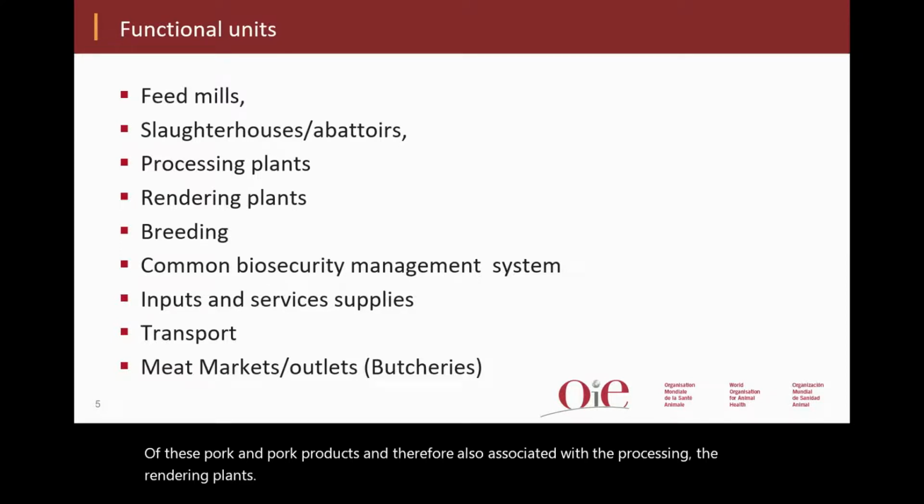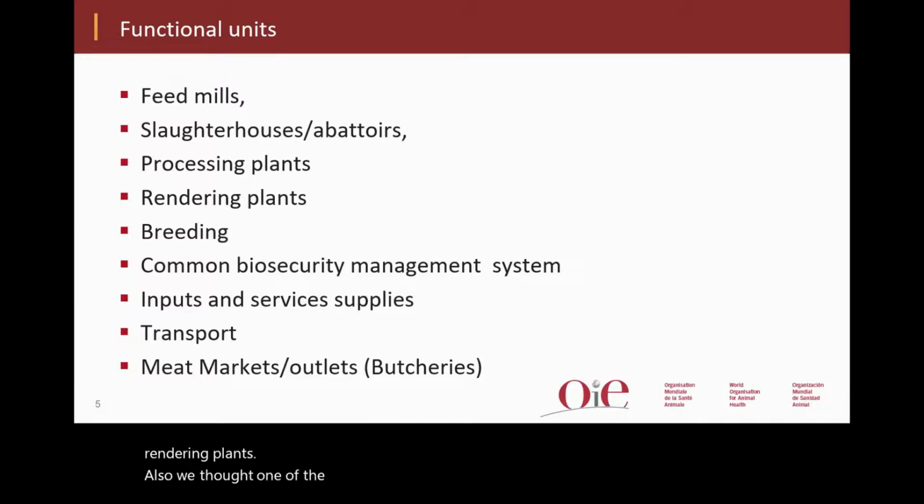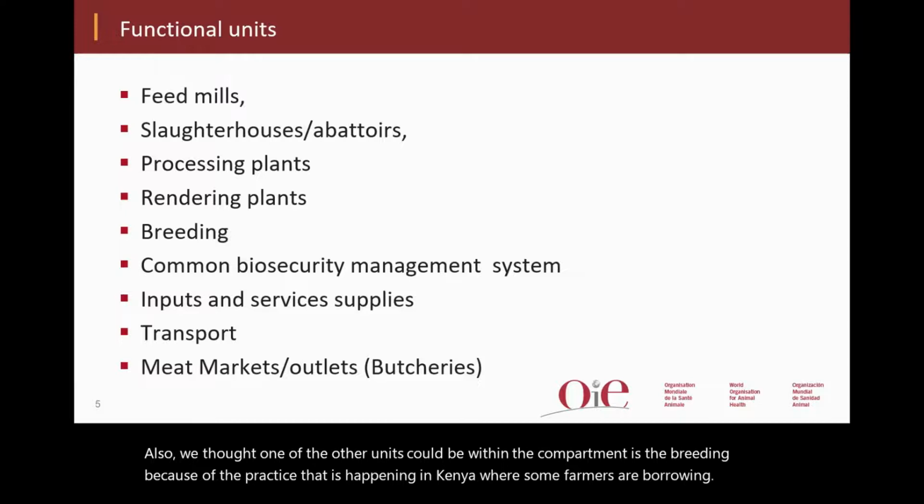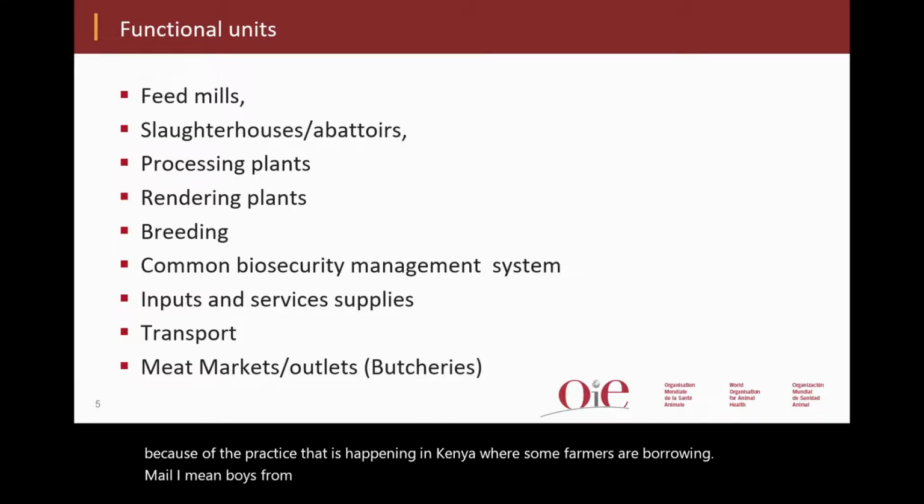Also, we thought one of the other units in the compartment could be breeding, because of the practice happening in Kenya where some farmers borrow male boars from others and use them for that purpose.